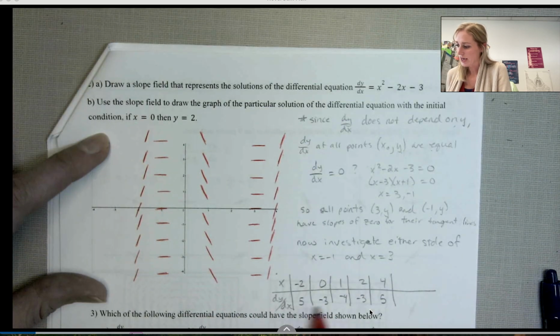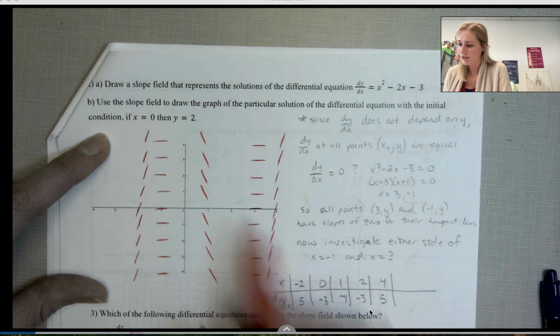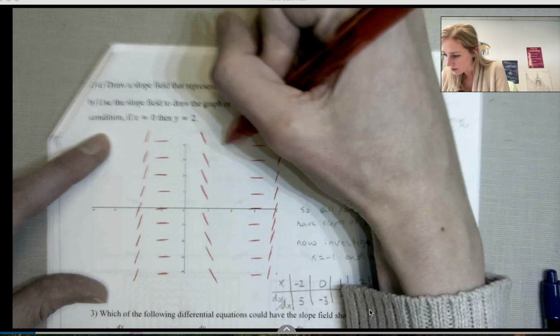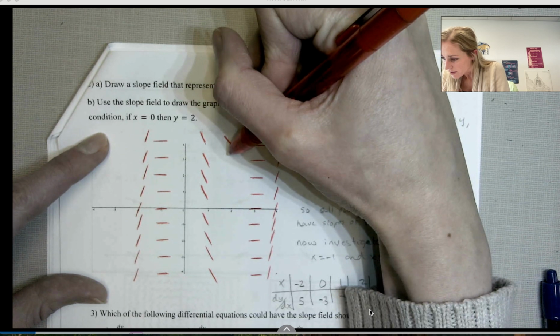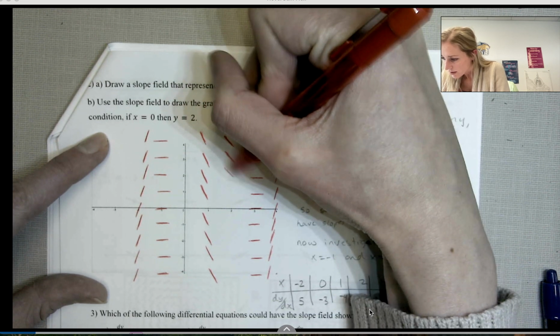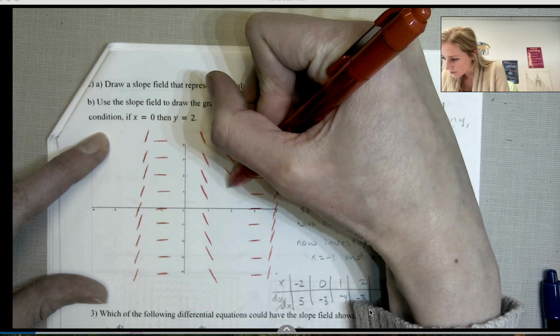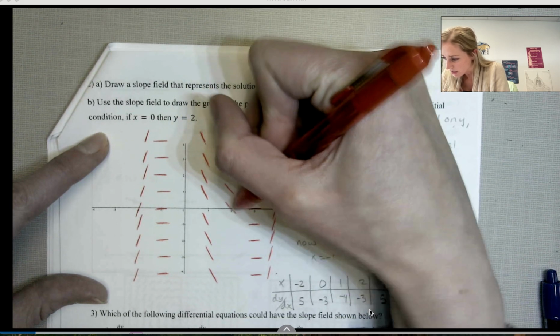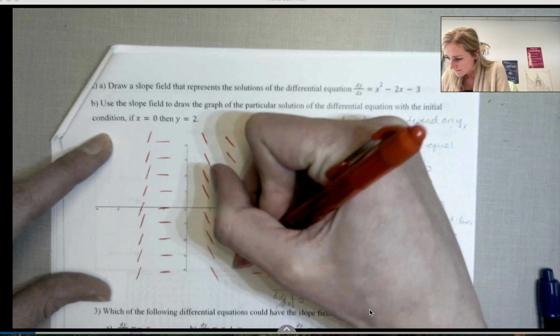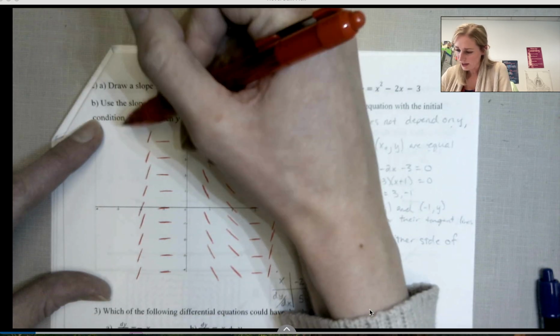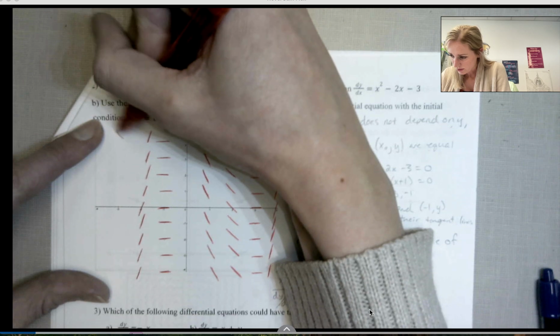Okay, and then at 0 and 2 we had -3, so it should be a little less steep than this one. Again, trying to make all those ones look the same if we can. Same over here at 2.